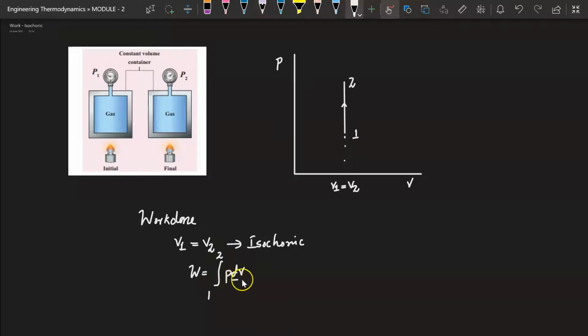You can see that the important term here is dV. dV is equal to V2 minus V1, because the process is from 1 to 2. Here V2 is equal to V1, therefore this value will be 0. Therefore, during a constant volume process, the integral PdV work is equal to 0.